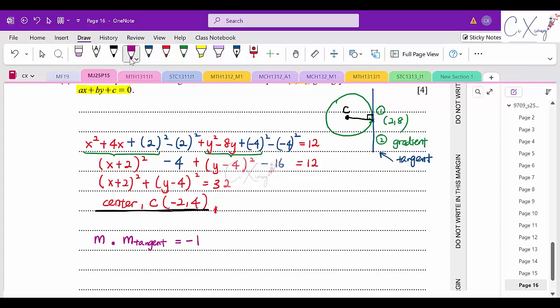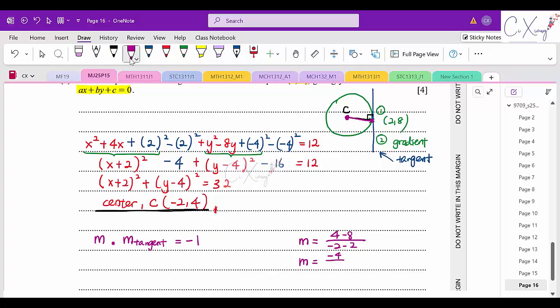So let me find the gradient first, from C to (2, 8). Using y minus y1 divided by x minus x1: 4 minus 8, divided by negative 2 minus 2. That is negative 4 divided by negative 4, so the gradient from the center to the point is positive 1.